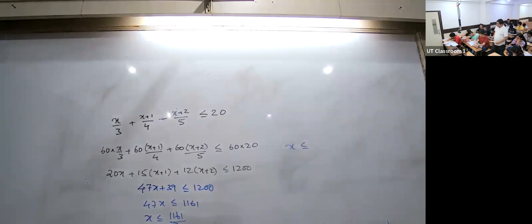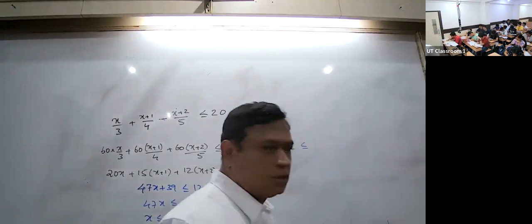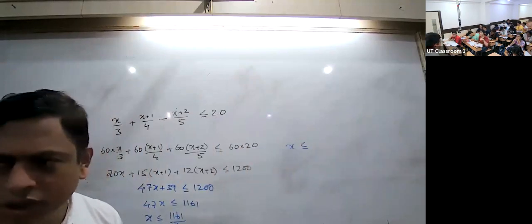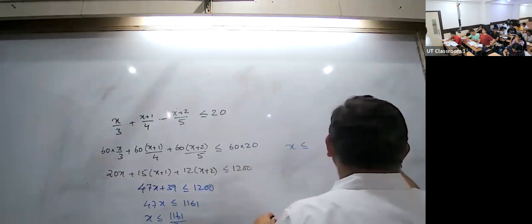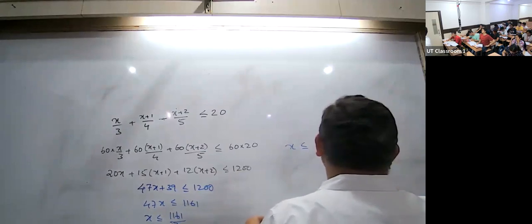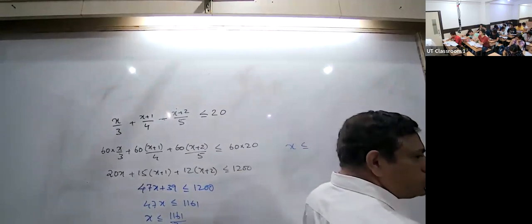How did you get 33? 1161 divided by 47? 2 sir or 3 sir? 2 sir.